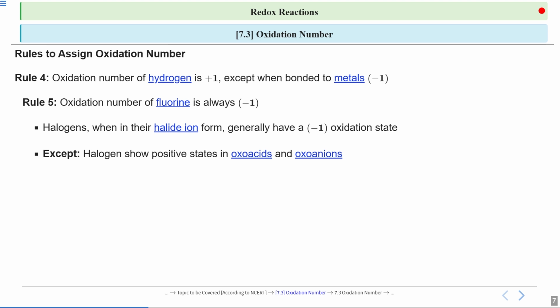That is, chlorine, bromine and iodine, when typically combined with oxygen, for example in oxoacids and oxoanions, will have a positive oxidation number. So what I have said is that the chlorine, bromine and iodine halogens show positive states in oxoacids and oxoanions.